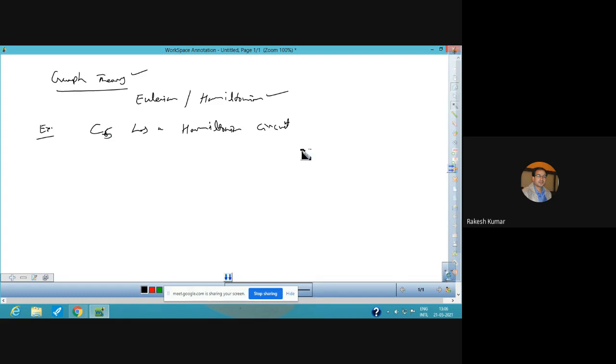In the question we have C5. Please rectify this. This is C5. So we have to prove that in C5 there is a Hamiltonian circuit, but it does not satisfy the hypothesis of Dirac's theorem or Ore's theorem.